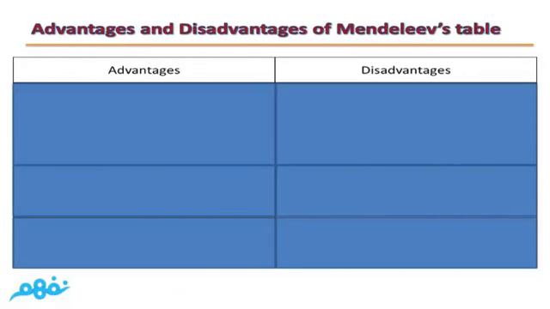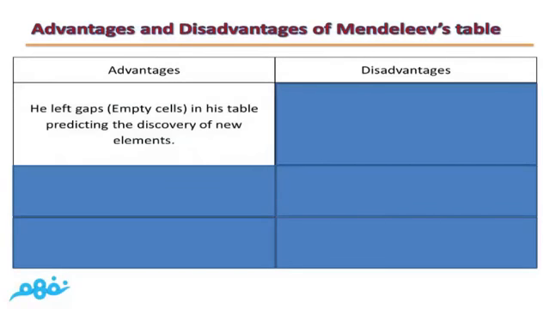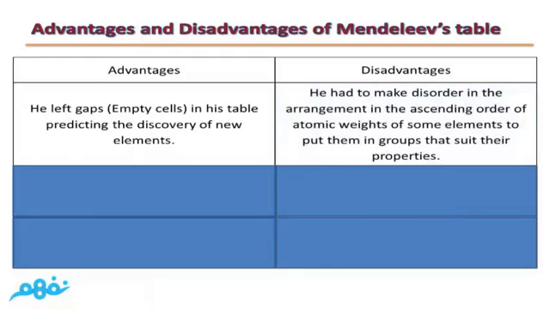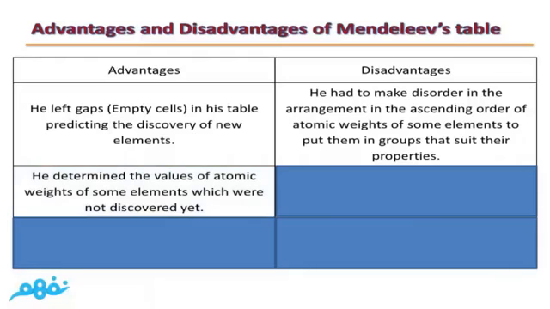Now let's compare between advantages and disadvantages of Mendeleev's periodic table. Mendeleev left gaps or empty cells in his table, predicting the discovery of new elements. Disadvantage: he had to make disorder in the ascending order of atomic weights of some elements to put them in groups that suit their properties. Advantage: he determined the values of atomic weights of some elements which were not discovered yet.